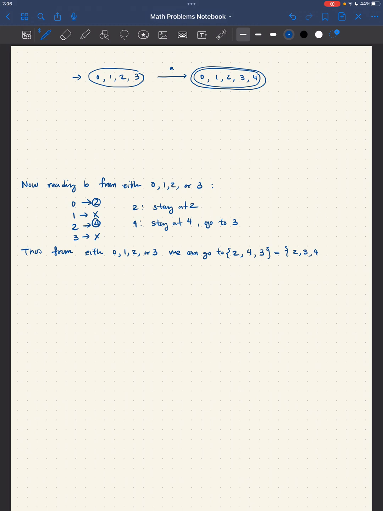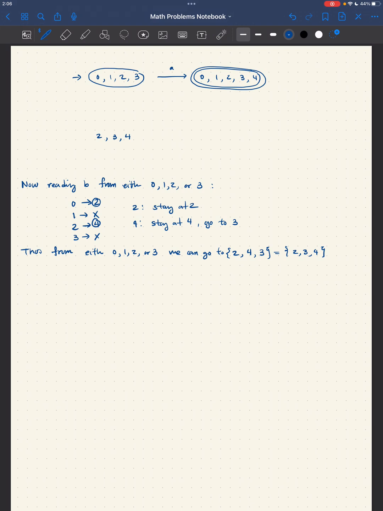3, 4. Again, this one is going to be a new state that I'm going to signal here, just below this portion that I'm just marking here down, and it would be 2, 3, 4.